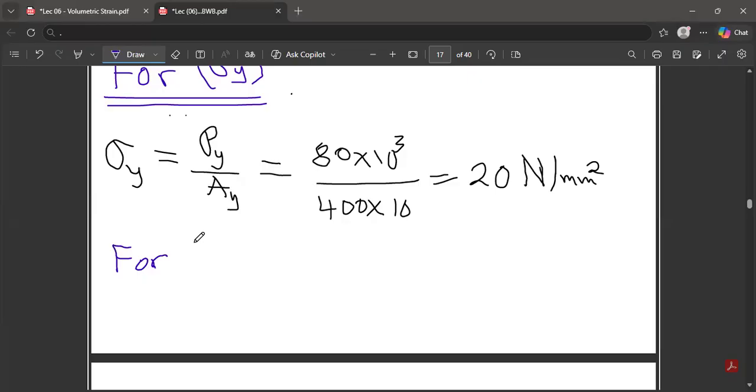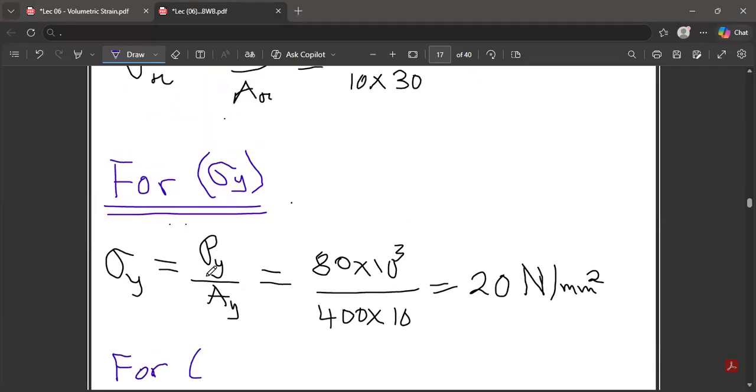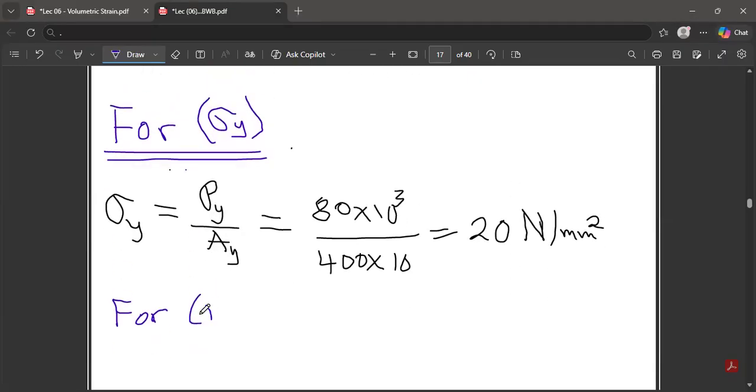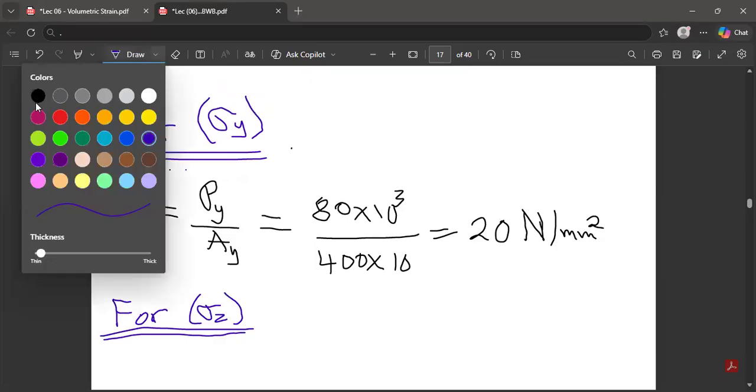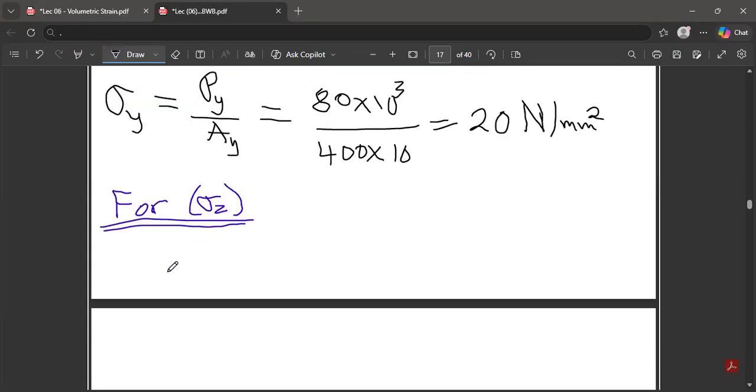So let's look for the stress at Z. It is still the same formula, the same method. The stress at Z is equal to the load at Z over the area at Z. So that is equal to, let's go and search for it.